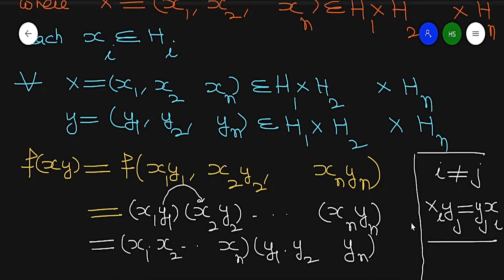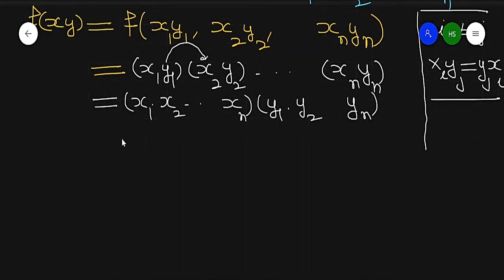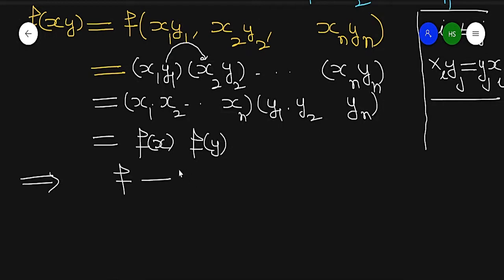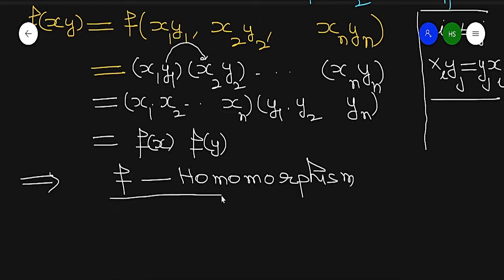So it means this value is equal to f of x and this value is equal to f of y. It means f is a homomorphism. So in this way we can prove that this mapping is a homomorphism.